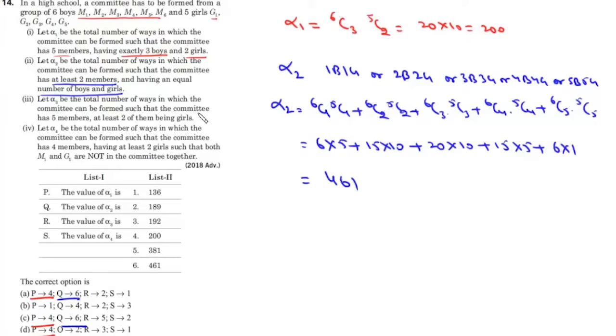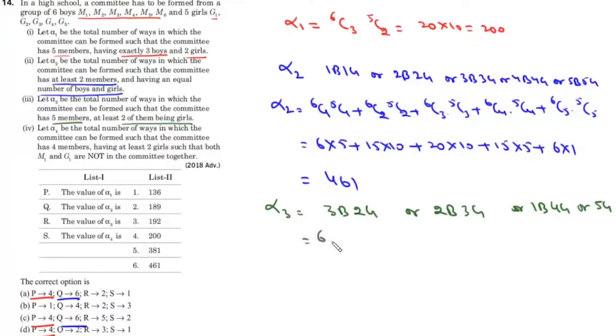Now this third case is, let alpha 3 be the total number of ways in which the committee can be formed such that the committee has 5 members and at least 2 of them are girls. So this alpha 3 is 3 boys, 2 girls, or 2 boys, 3 girls, or 1 boy, 4 girls, or all 5 girls.